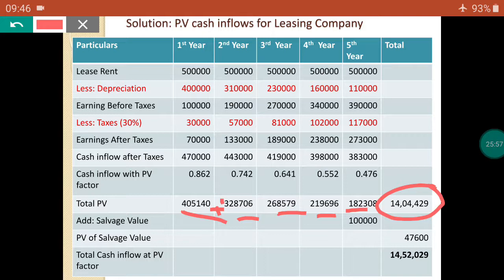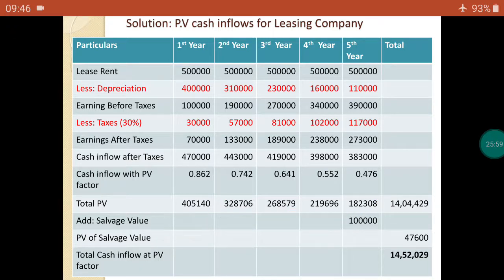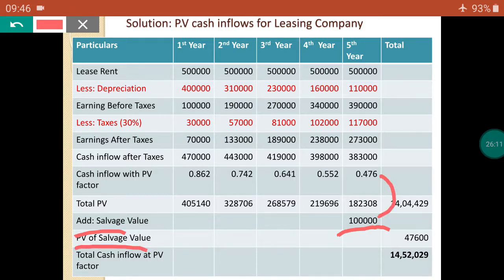Okay, next, add salvage value. They are providing 1 lakh rupees. PV of salvage value is 1 lakh into 0.476 PV factor. Okay, you get 47,600 for the 1 lakh.